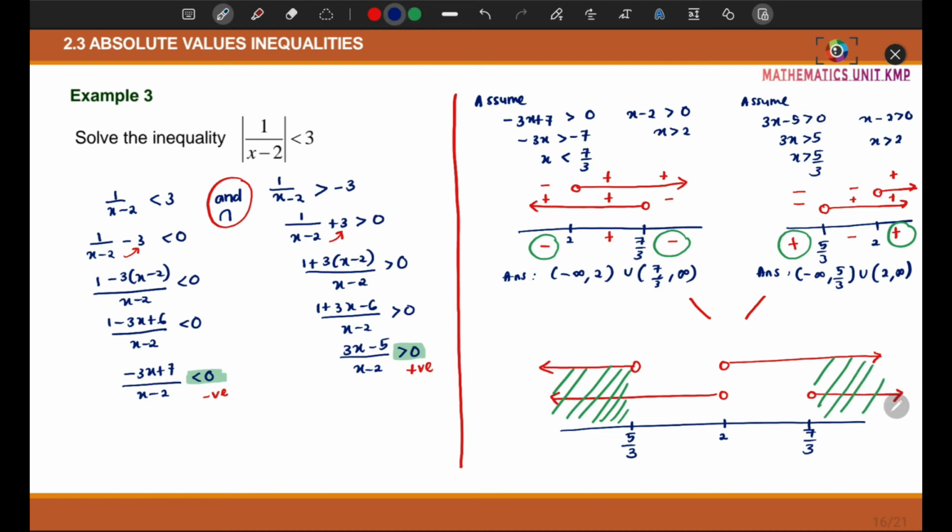Okay, so the answer should be from negative infinity to 5 over 3, union this part, 7 over 3 to infinity.